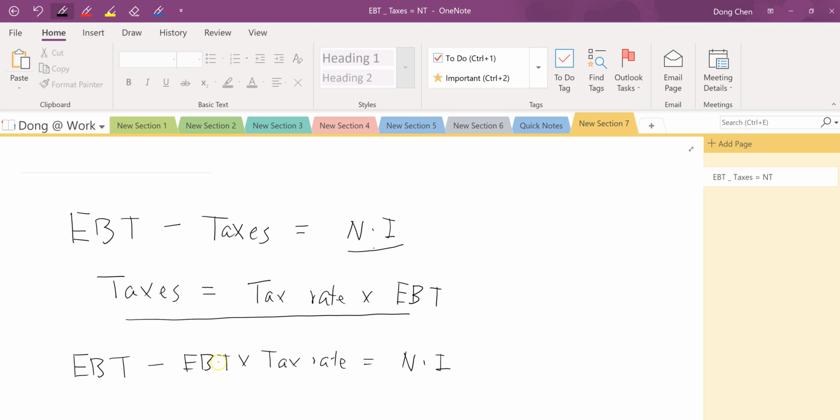Now it's EBT times tax rate rather than tax rate times EBT. Then because you have EBT in both terms, you can combine them. So now this becomes EBT times 1 minus tax rate equals net income. Okay, so I think so far this makes sense.